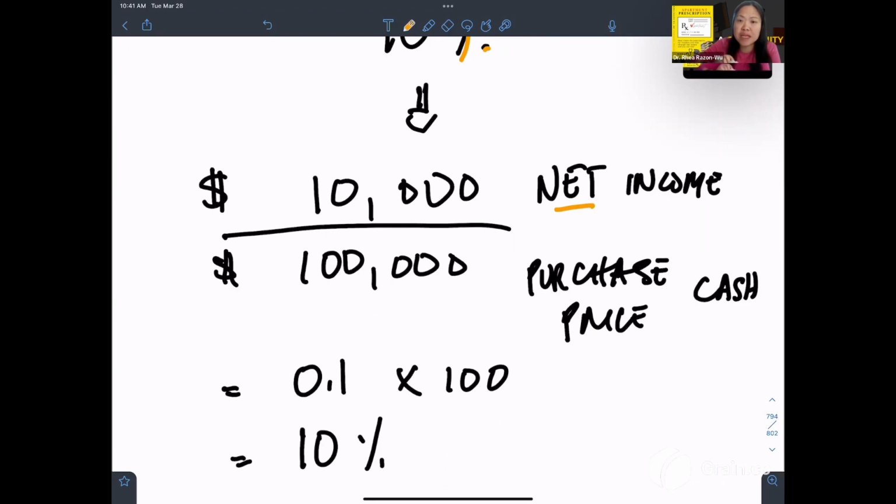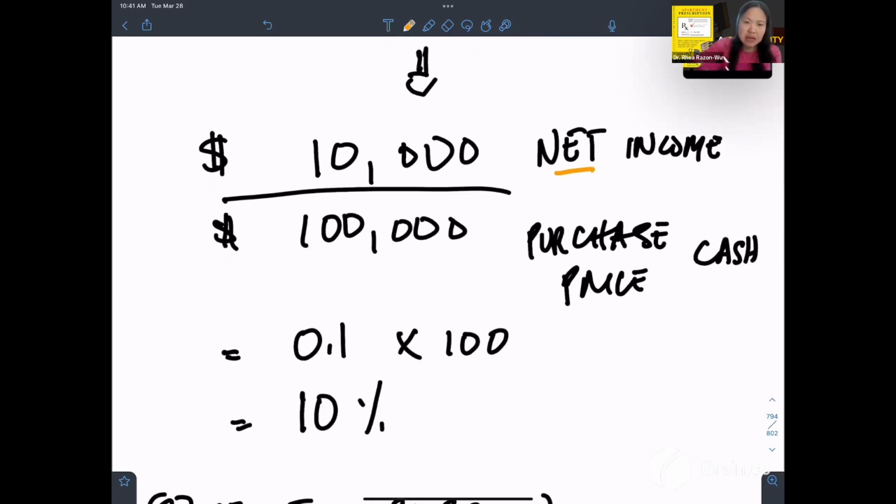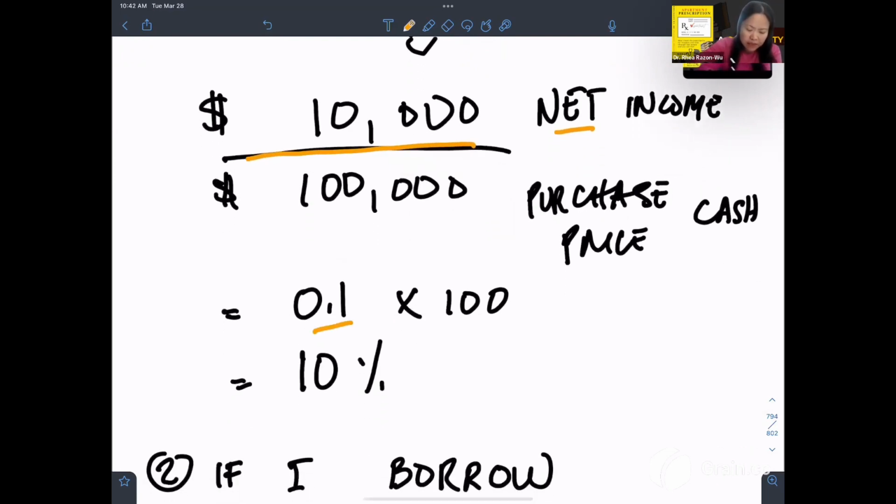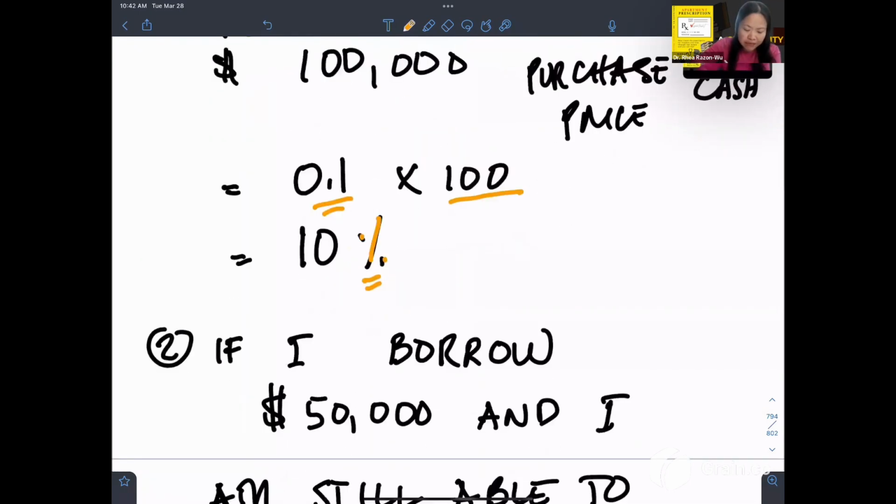And my purchase price of a cash property is 100,000. So 10,000 divided by 100,000 will give us 0.1. Because we need a percentage, we multiply it by 100. So 0.1 times 100 gives us 10%. That's what is called 10% cash on cash return, or ROI, return on investment.